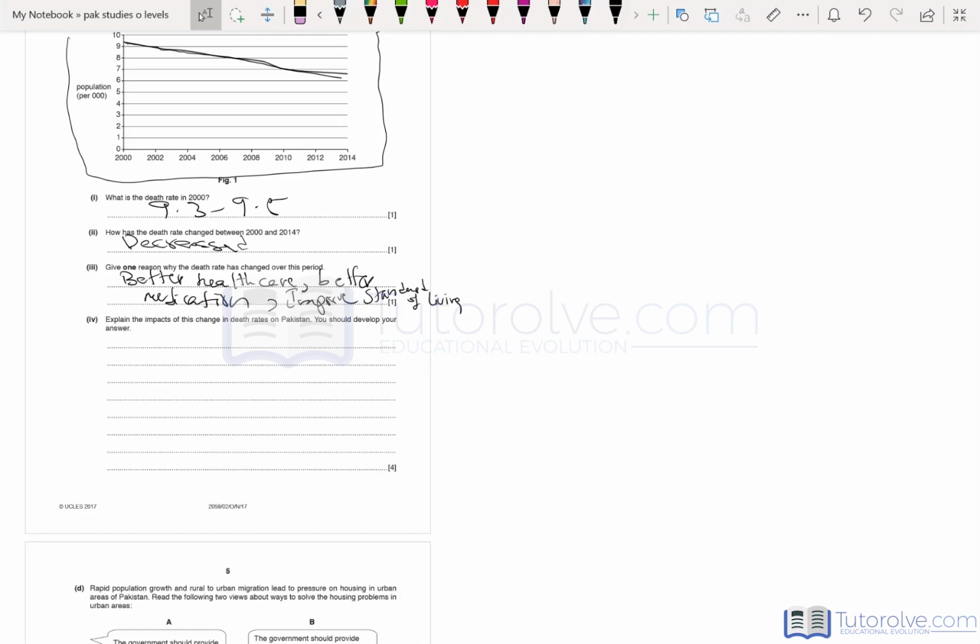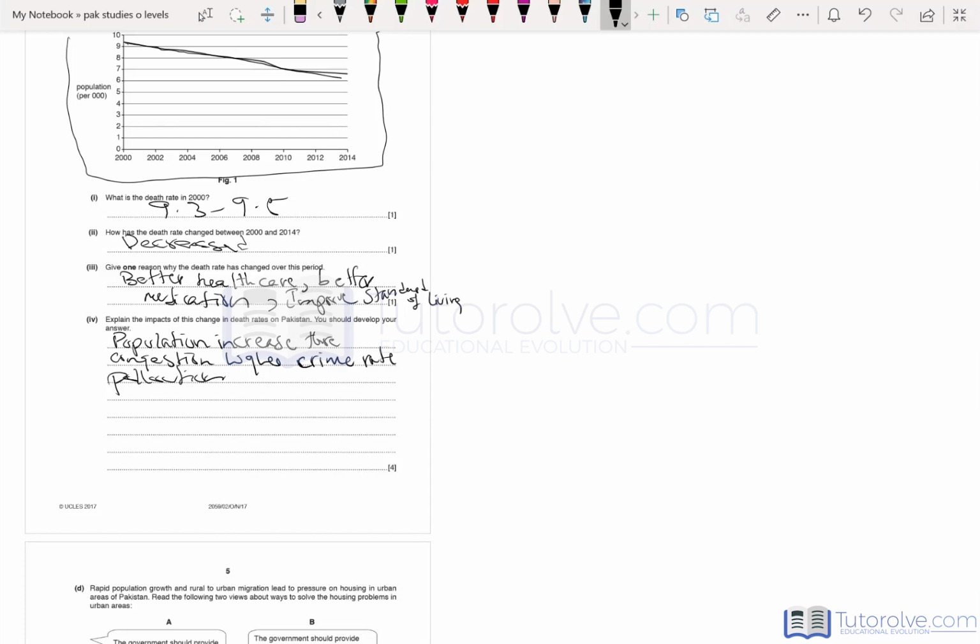So population increase, there is congestion, higher crime rate, pollution has increased due to more cars on the road. So all of these things are impacting.